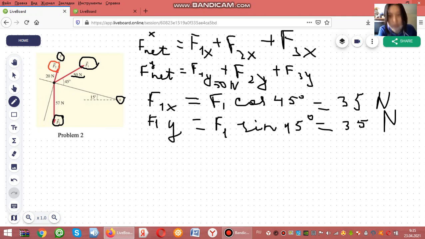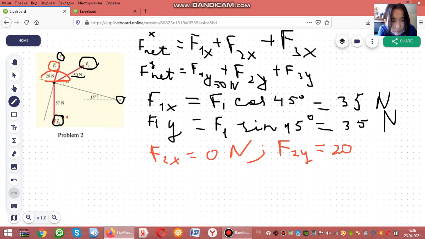So F2x will be 0, actually 0 Newton. And what about the y? F2y will be just 20, as you can see here. Okay, F2y equal to 20 Newton.